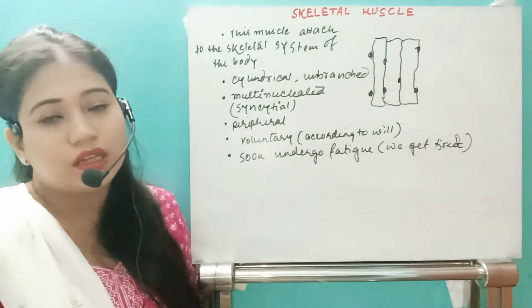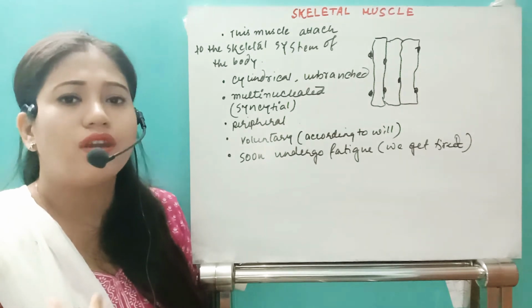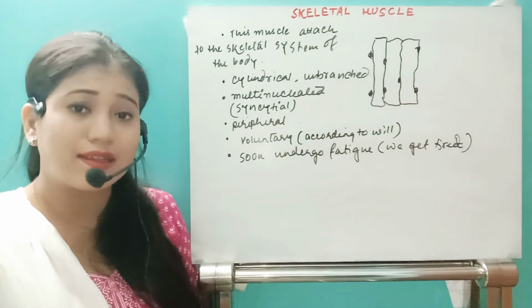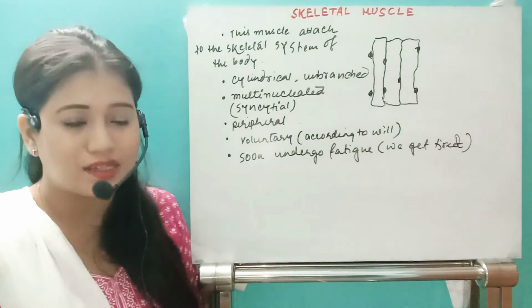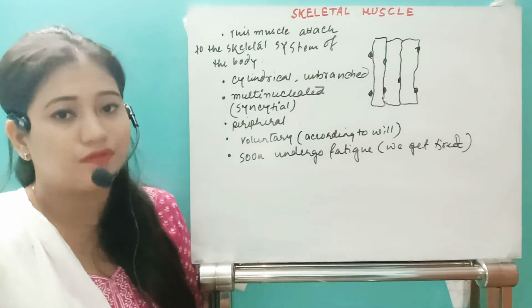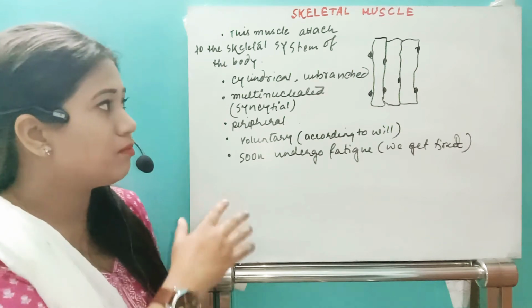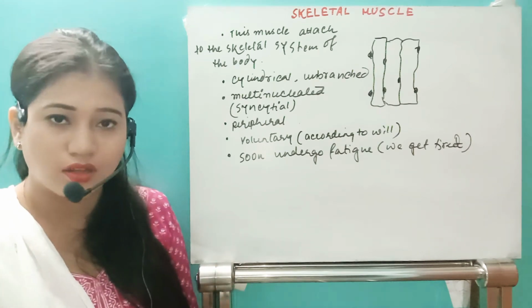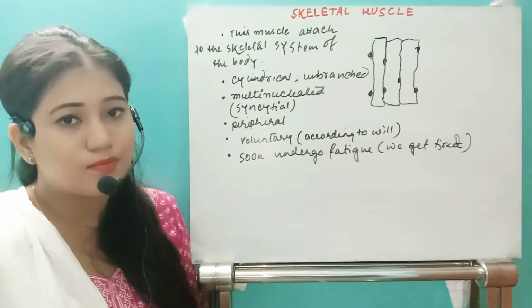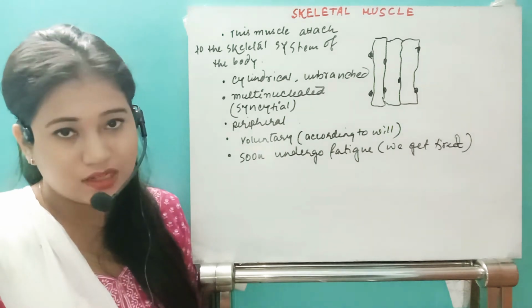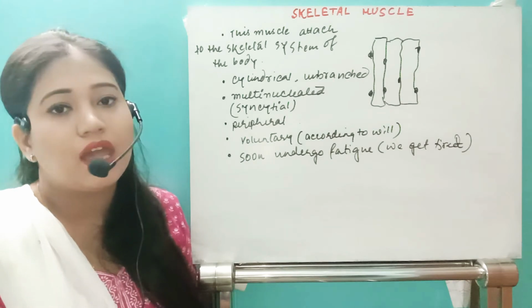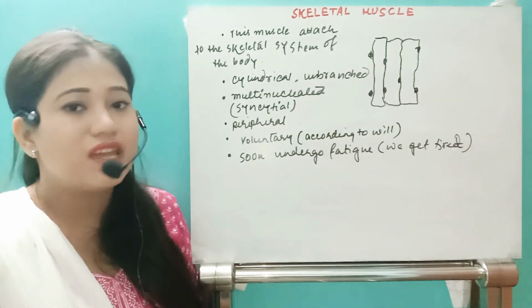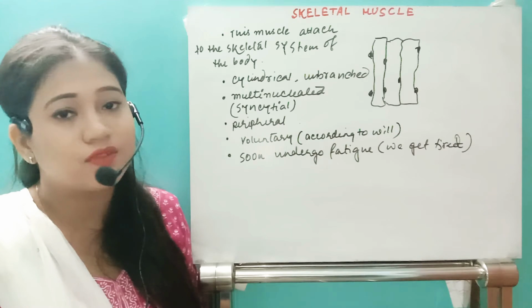Now suppose you are running, or exercising, then the amount of oxygen we normally get is not sufficient for the skeletal muscle to work, right? So that's why our rate of breathing increases, isn't it? That means we want to take more oxygen in. Even if that oxygen is not sufficient, then what will happen?